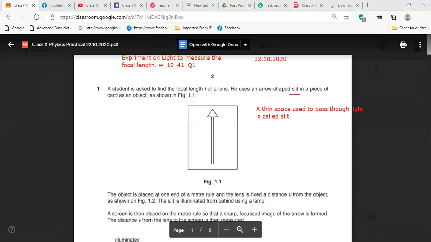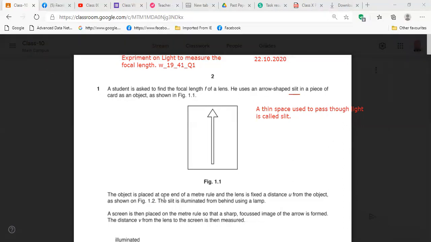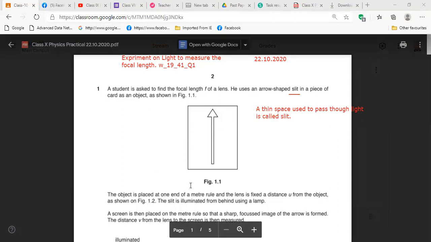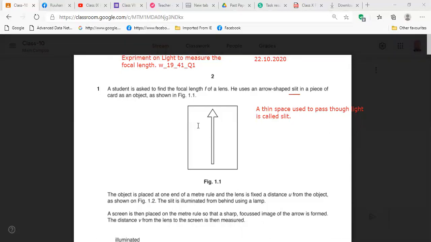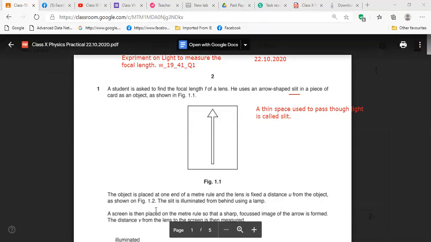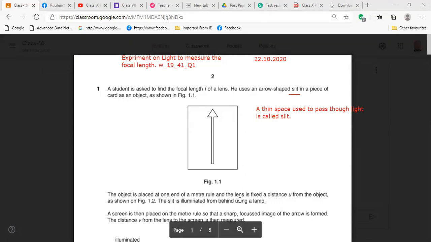Now, after that, we have here the object is placed at one end of a meter rule, and the lens is fixed at distance u from the object. That means u is the object distance from the lens. This card with the slit is object. And figure 1.2, the slit is illuminated from behind using a lamp.